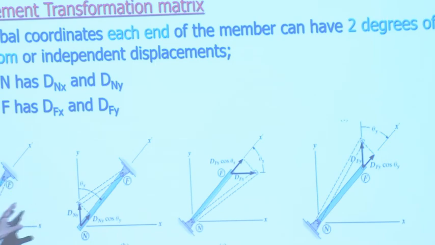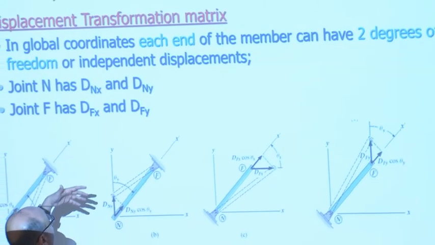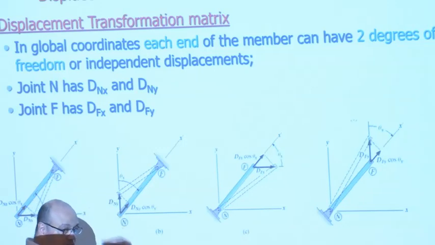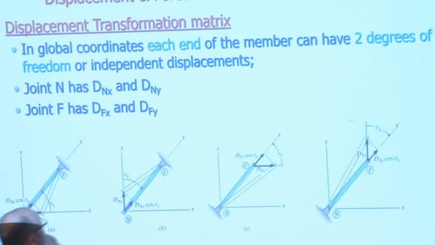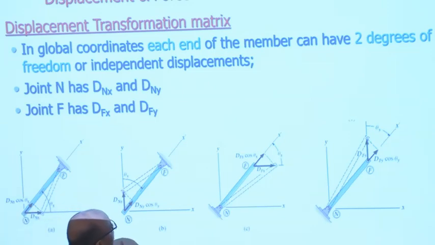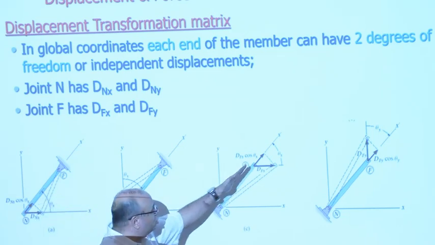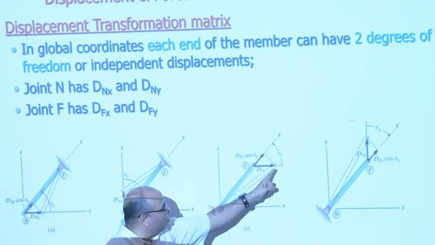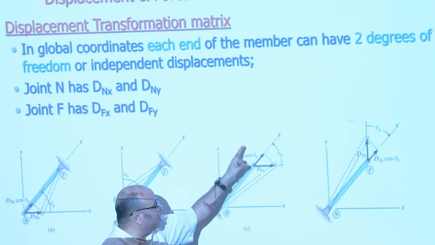In that case, knowing that the displacement transformation matrix is our target right now, we would like to have the global coordinates. Each end of the member can actually have 2 degrees of freedom. What does that mean? In general, if you have any member, it can go horizontally and it can go vertically.